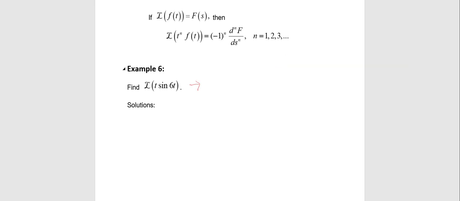So this t sin 6t is mapped to the Laplace of t^n f(t), which is equal to minus 1 to the power of n d^nF over ds^n. In this case, your n is equal to 1, and your f(t) equals sin 6t.